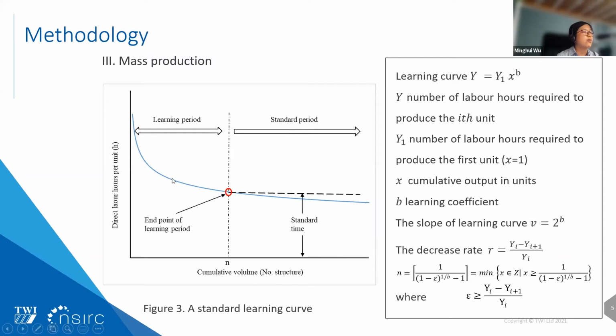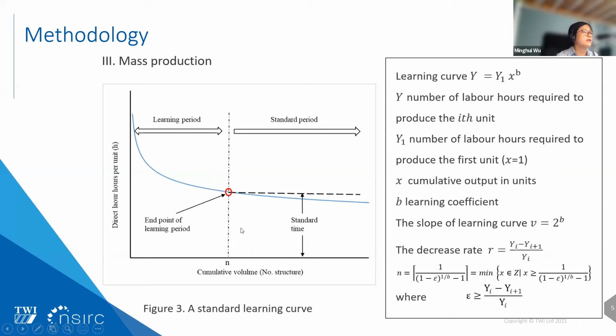The direct labor hours required to produce 1 unit decreases rapidly in the learning period and slowly in the standard period. In my research, the labor hours required at the beginning of this standard period is considered as the minimal time required producing 1 unit by a fully skilled worker.